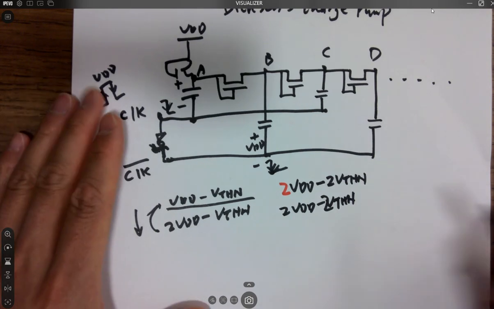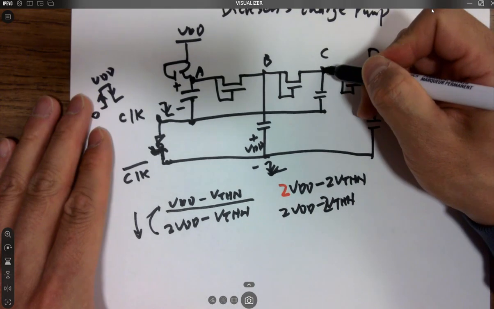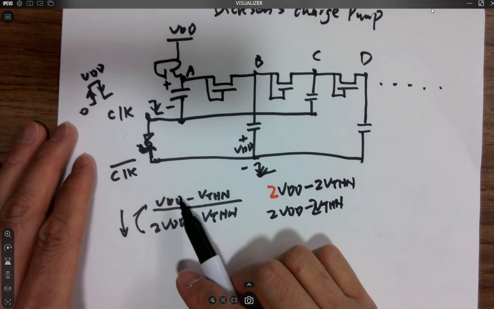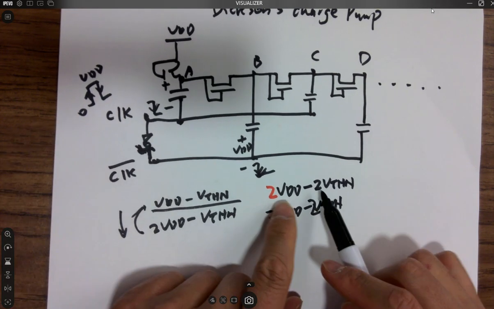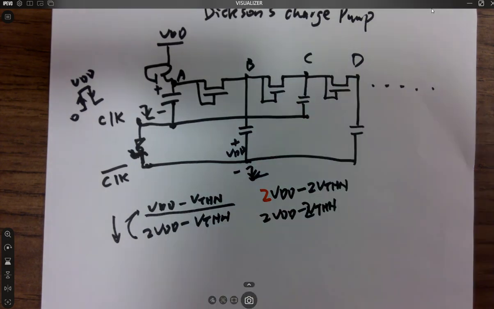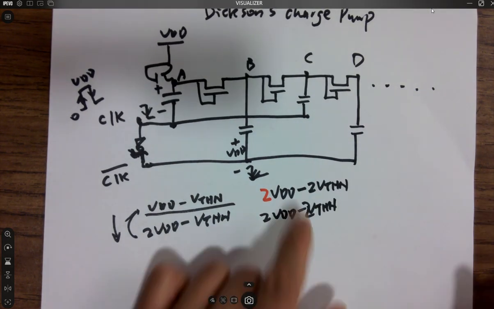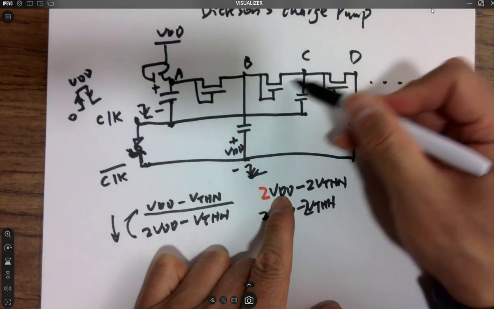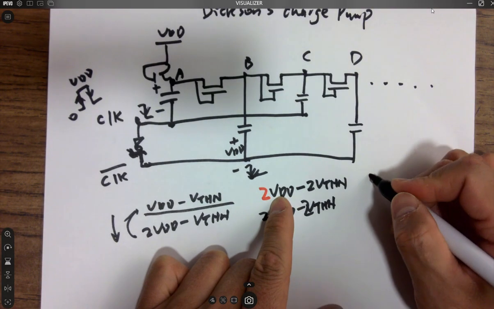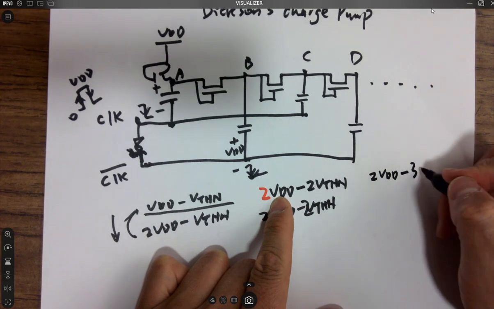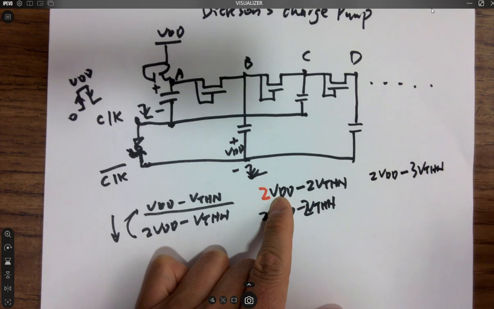Okay. So what about C? We learned from the last example. We want to look at this voltage first, right? So this one passes this guy and reaching C is giving you 2 VDD minus 3 VTHN, right?